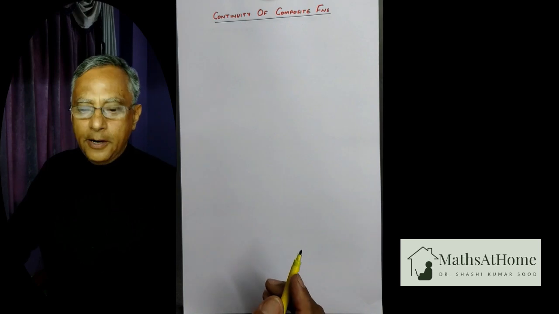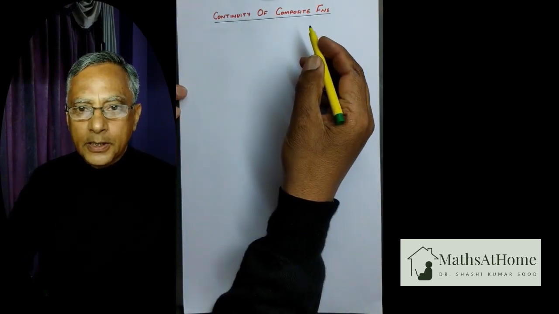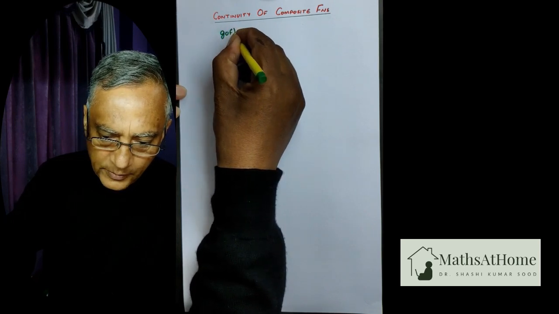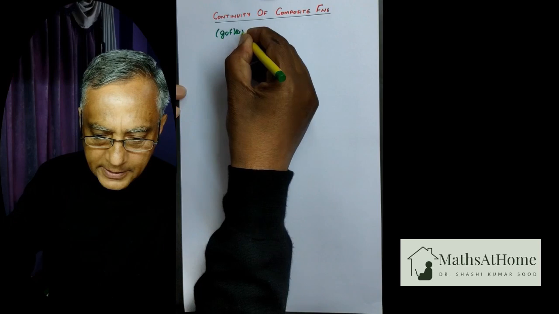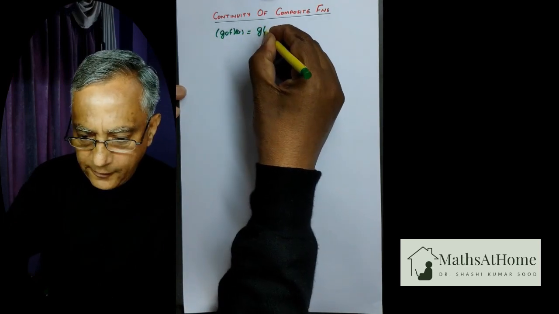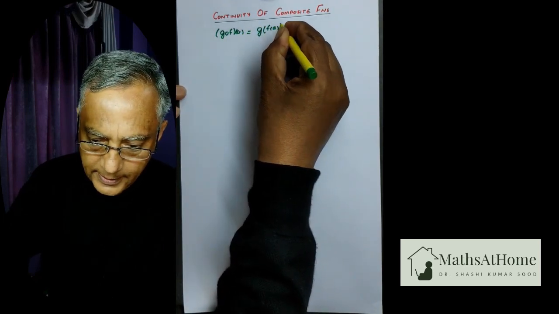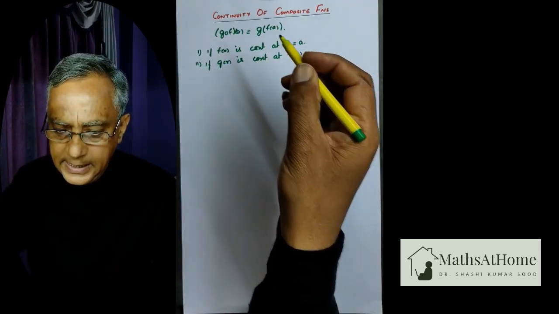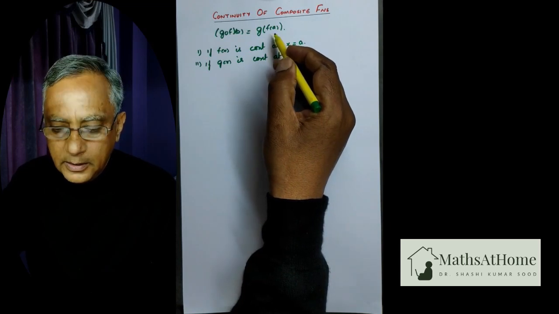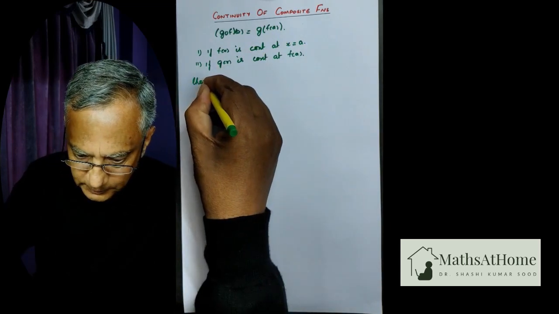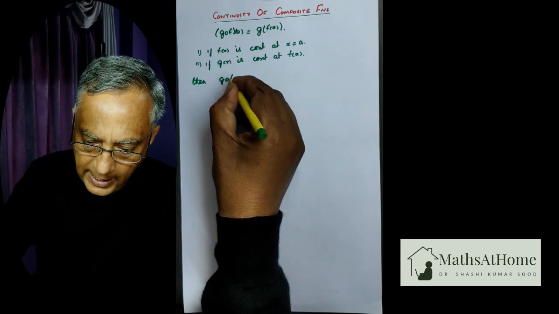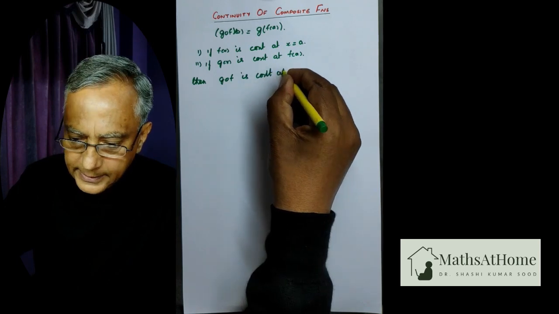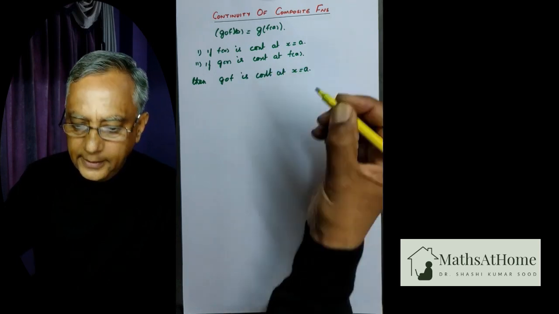Now we discuss continuity of composite functions. We know that (g∘f)(a) is defined as g(f(a)). If f(x) is continuous at the point a and g(x) is continuous at f(a), then g∘f is continuous at x equal to a.